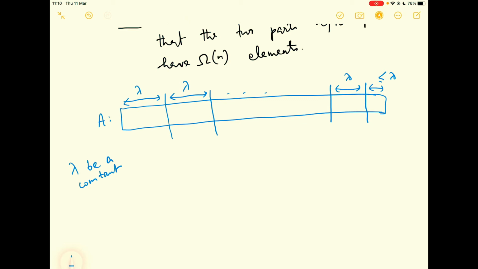Okay. And so here is our algorithm, let's write it.